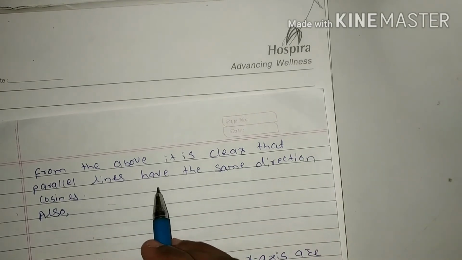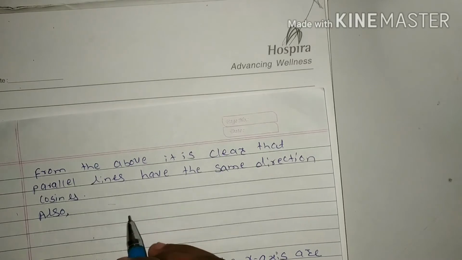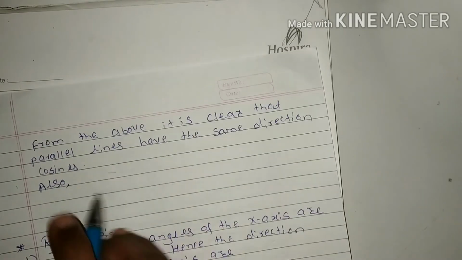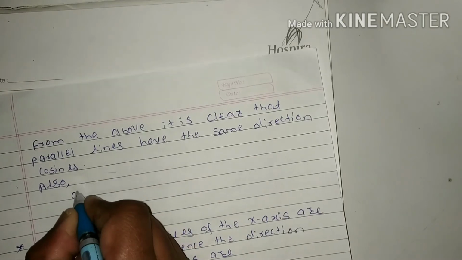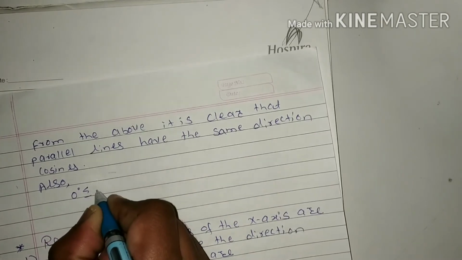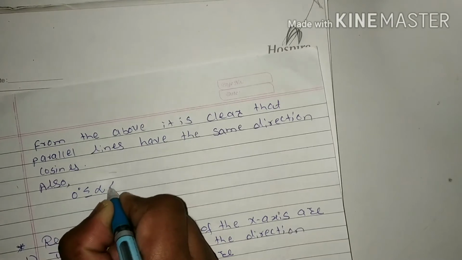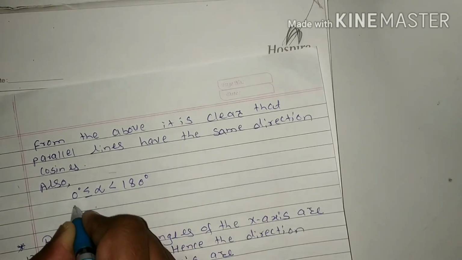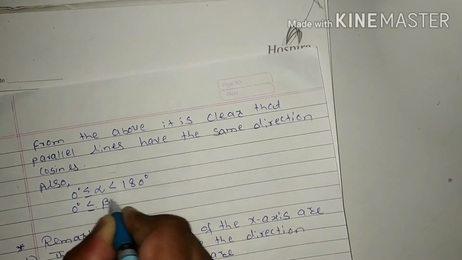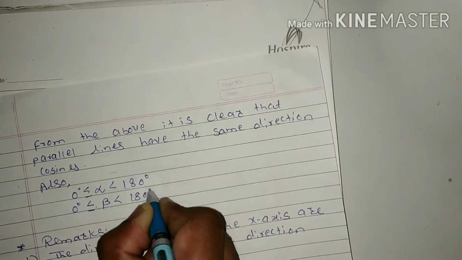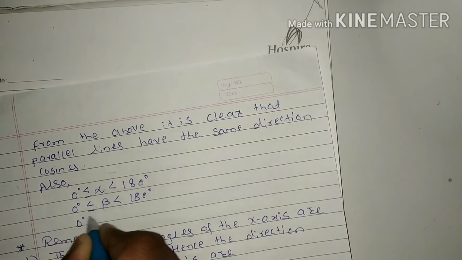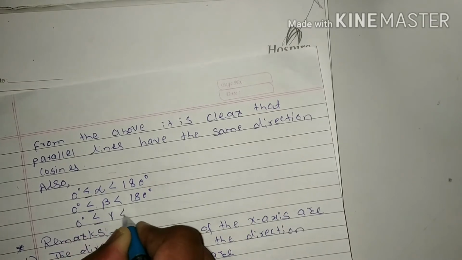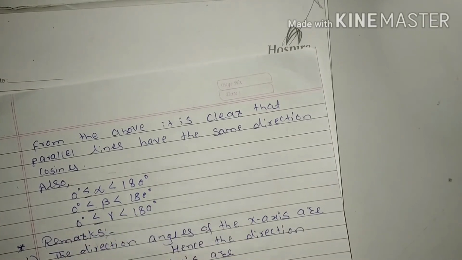Parallel lines have the same direction cosines. Also, 0 degree is less than or equal to alpha is less than 180, 0 is less than or equal to beta is less than 180, and 0 is less than or equal to gamma is less than 180.